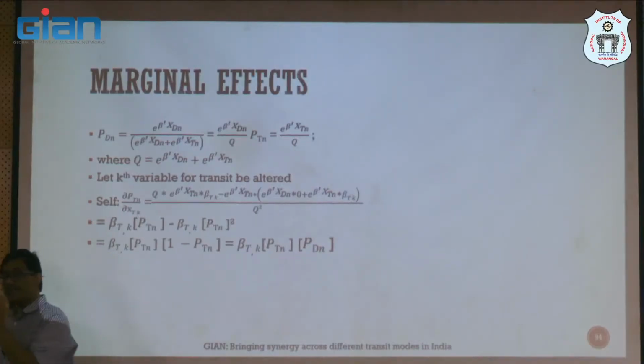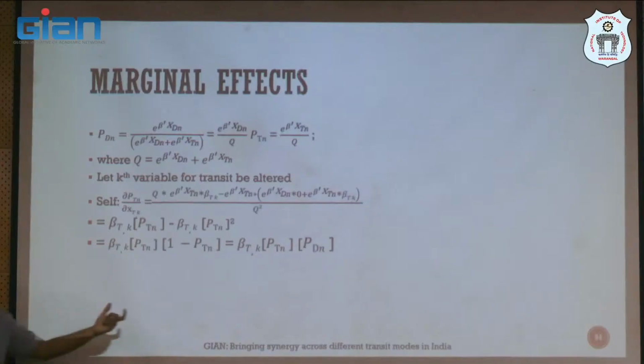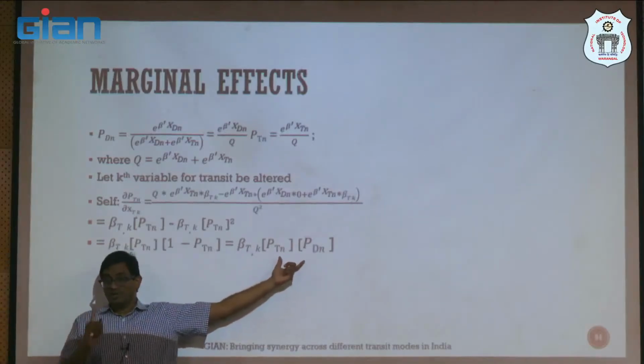So if your shares are equal, the switch elasticity will be higher, right? Because for a product of two shares which add up to 1, the highest value you can get is at 0.5 times 0.5. Everywhere else it will be less.